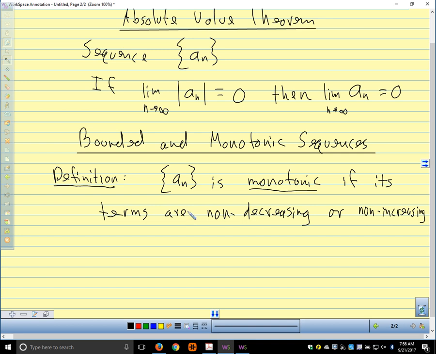So what we mean by non-decreasing is they go up only. They stay constant or go up. They never go down. That's what non-decreasing means, never go down.